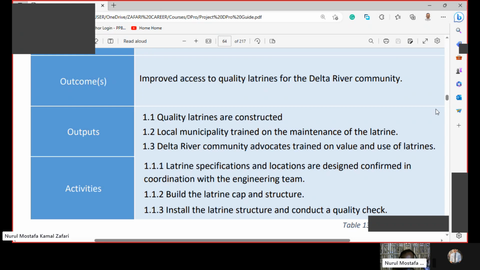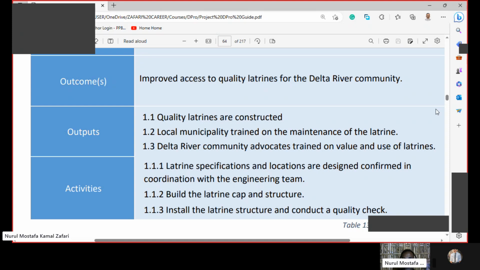If, as given, the activities of output 1, the activities of output 2, and the activities of output 3 are achieved, then it means all the activities of all the outputs are achieved.